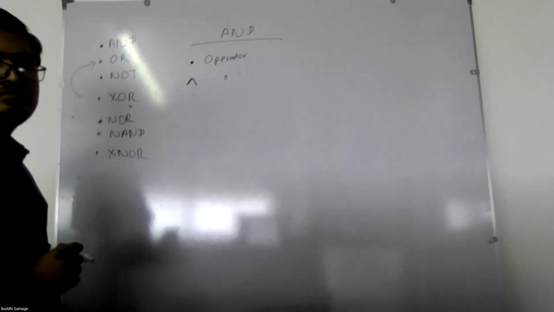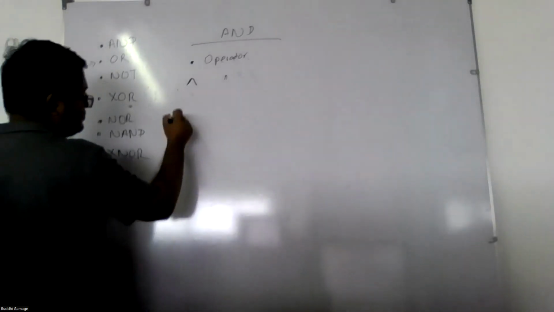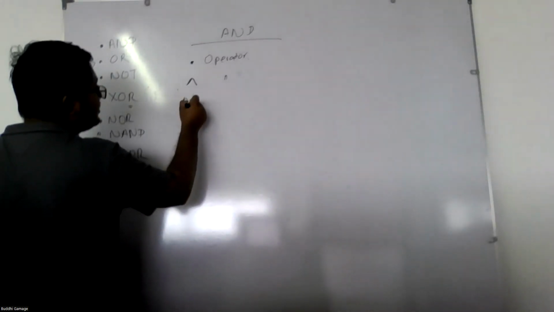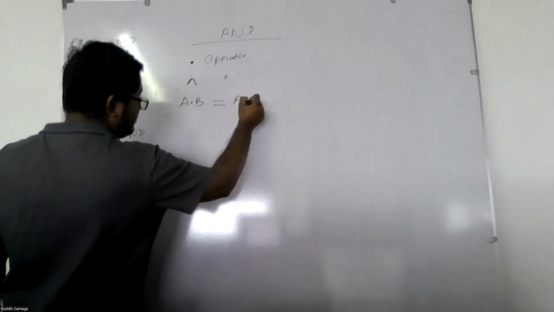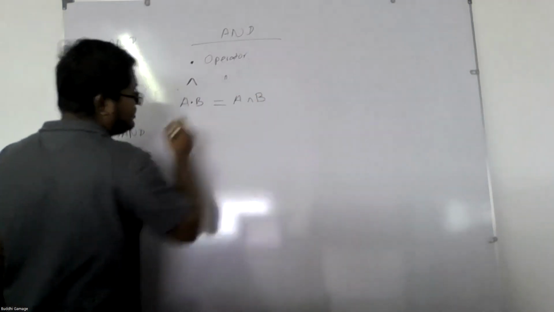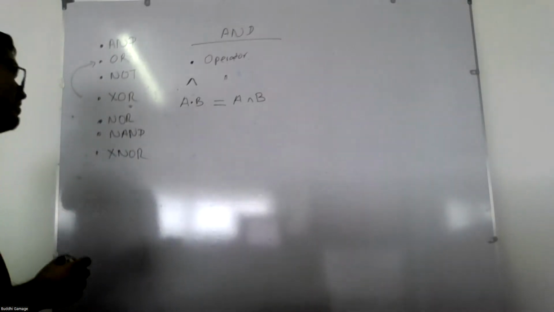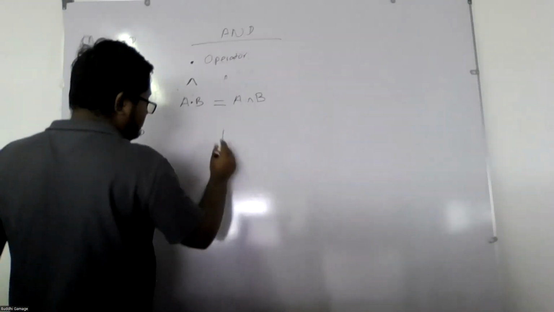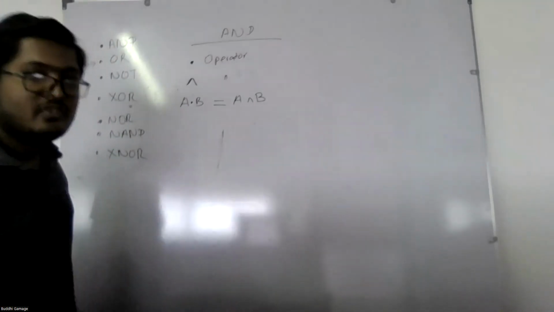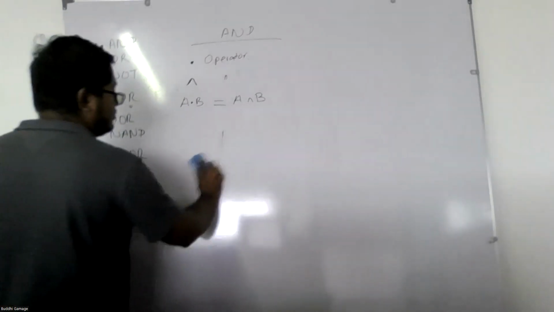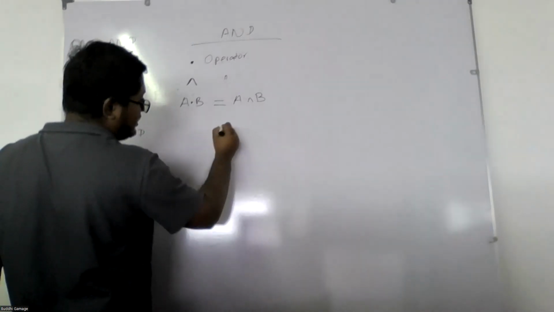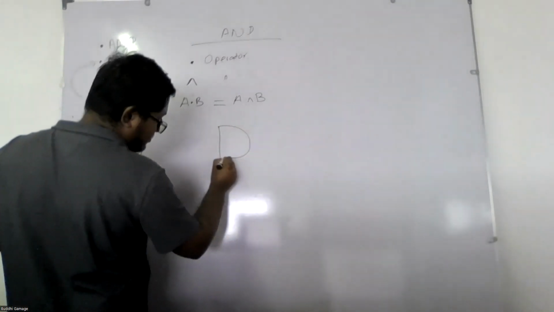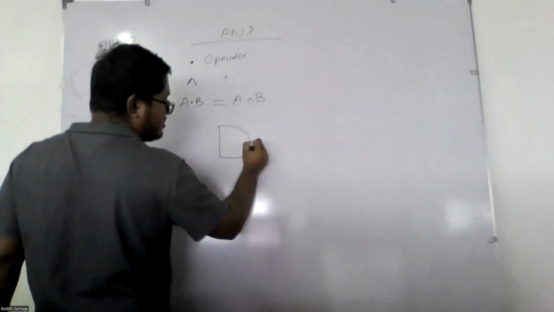So let's say the output will be equal to A AND B. The symbol is a straight line, something similar to this.